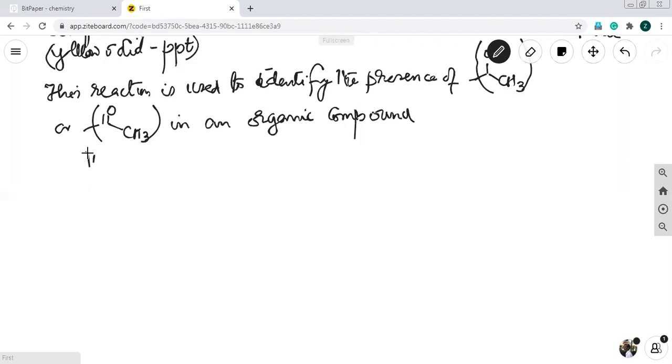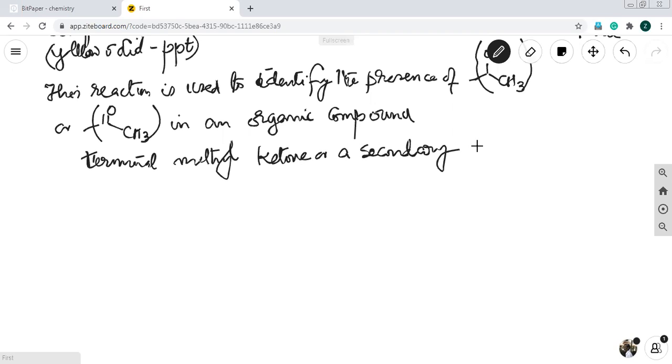A terminal methyl ketone or a secondary alcohol can be identified by this test. Okay, so this is that reaction.